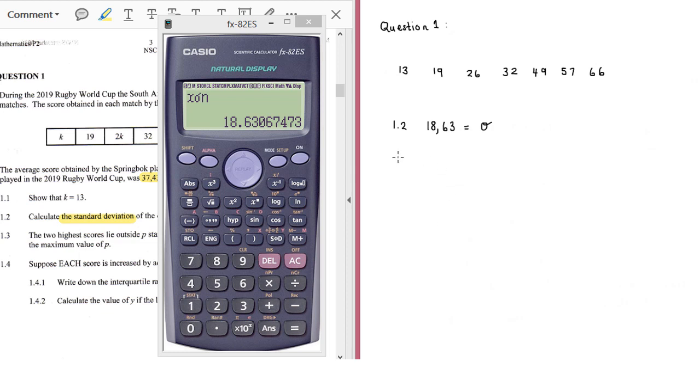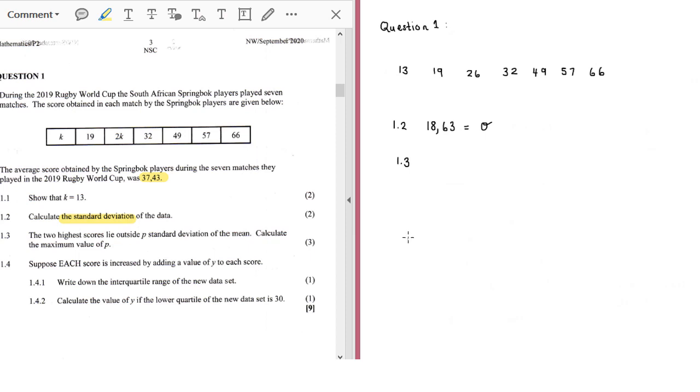Okay, question 1.3. Let's just remove the calculator for now. It says the 2 highest scores lie outside P standard deviations of the mean. Calculate the maximum value of P. So this is talking about that whole thing where we sometimes look at 1 standard deviation above or below the mean, or 2 standard deviations above or below the mean.